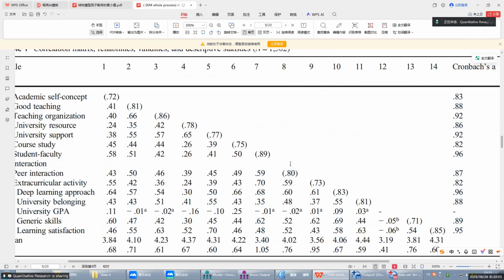Of course, we can see this square root is larger than all of these intercorrelations, right? So no problems. You need to know this when you report square roots of AVE. This is a good way.